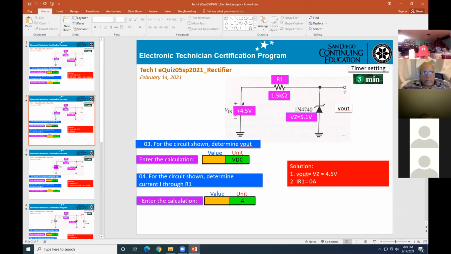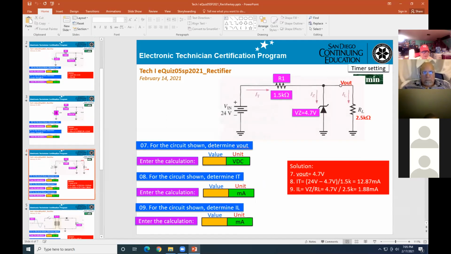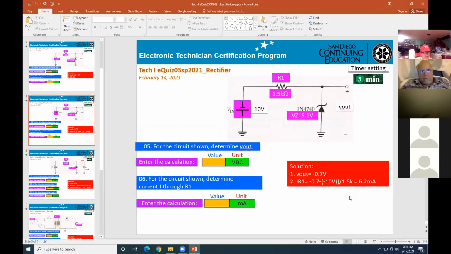Okay, let's see, next one. Now this one I can do 7, 8, 9. The other one I forgot to do. So you have 4.7. Skip 3 through 6. You skip 5, 6. Go back one page. Okay, that's 1 and 2, and 5, 6.